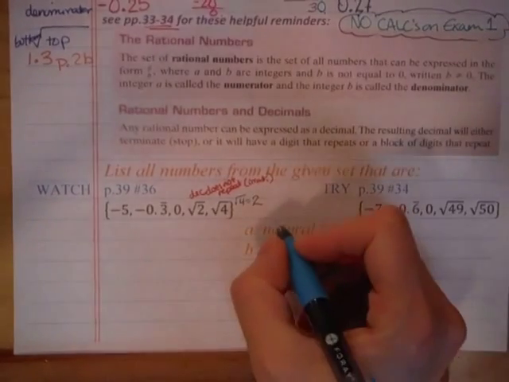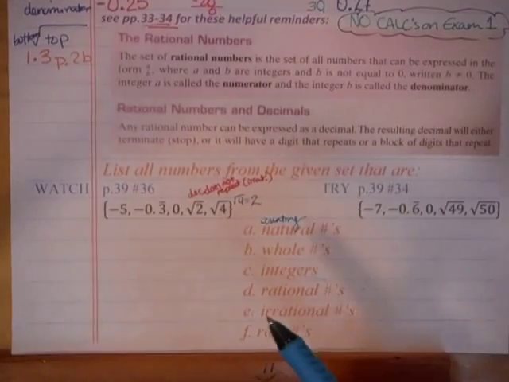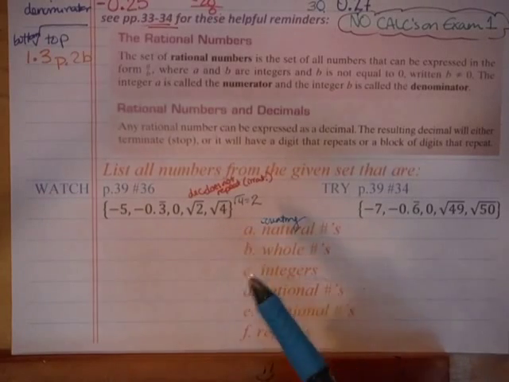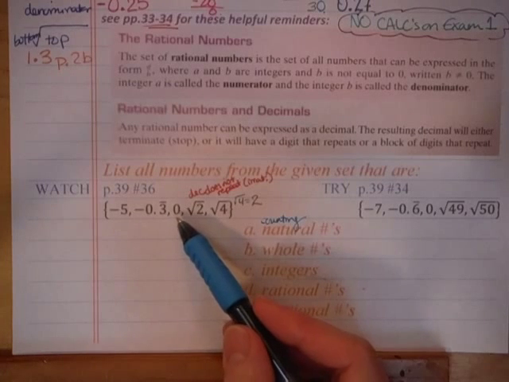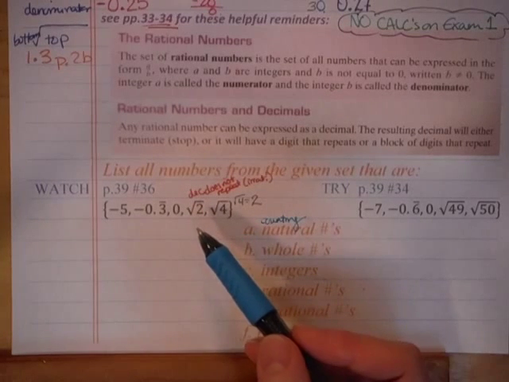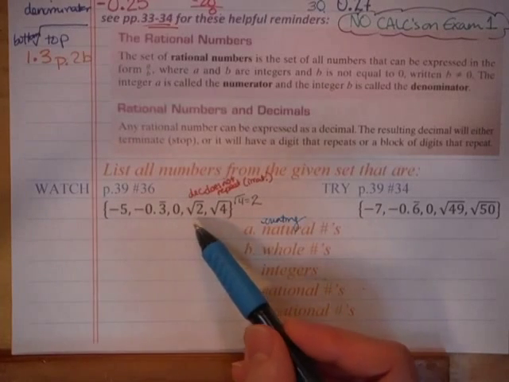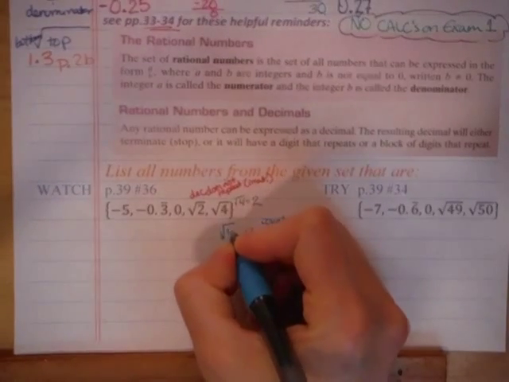Okay, the natural numbers are the counting numbers. As we would count along a group of objects, which of this set would be involved in that? Do not include 0. 0 is not a counting number. It doesn't tell you how many you have if you start counting at 1. 1 is where the counting numbers start. So the only counting number in this set is going to be that radical 4 because it's equal to 2.